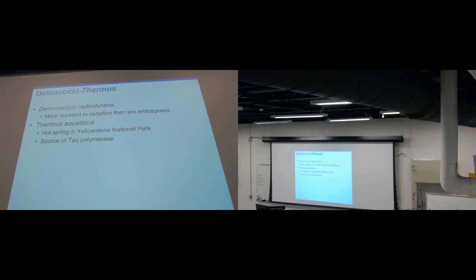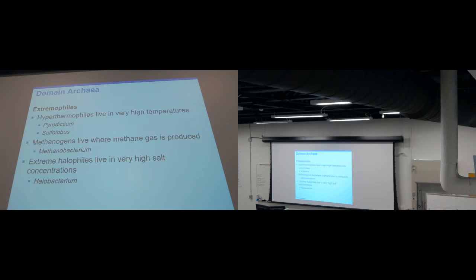This enzyme can amplify pieces of DNA really quick, because you can separate the two strands of DNA with high temperature, and this enzyme can start forming a new strand of DNA from these two strands that you separated. And this is one of the enzymes used in the polymerase chain reaction technique, or PCR. It is used to amplify a tiny piece of DNA to make multiple copies to make diagnosis.